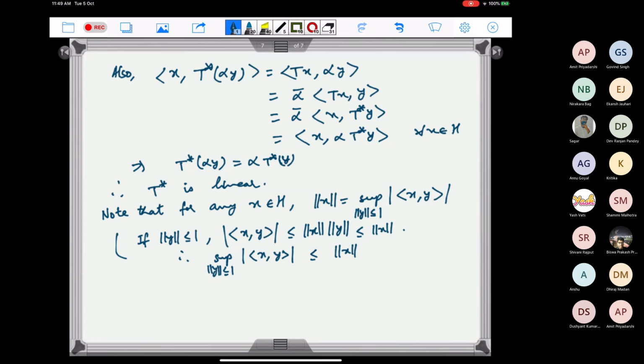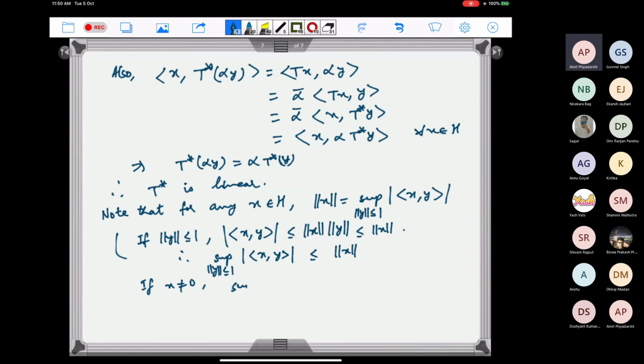Also, if we have x equal to 0, then of course this is true. So we can assume that x is non-zero. So if x is not equal to 0, then let me write this.